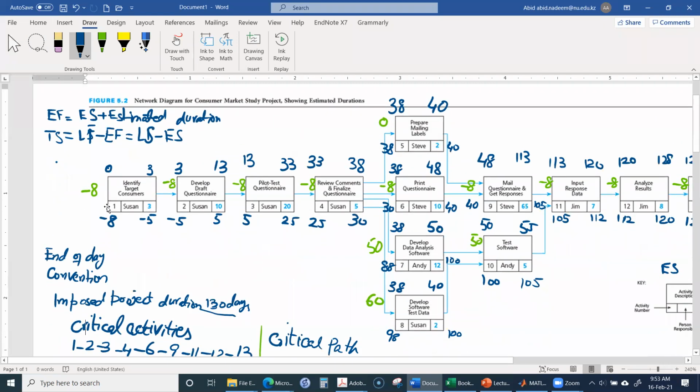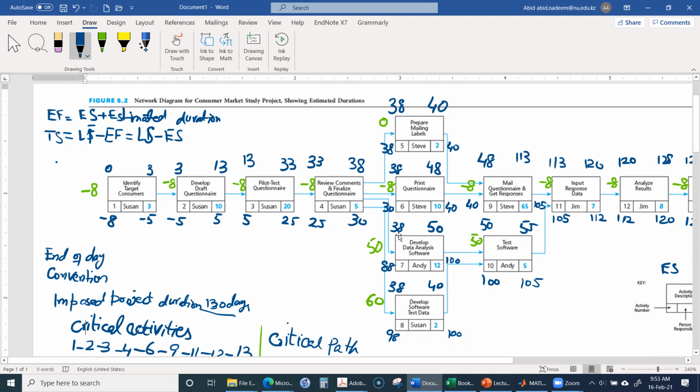But the significance of the total slack is that it is the time by which an activity can be delayed without delaying the overall project. For example, in this case there are 50 days of slack available. It means that if we delay this activity by 50 days, it will not affect the overall duration of the project.